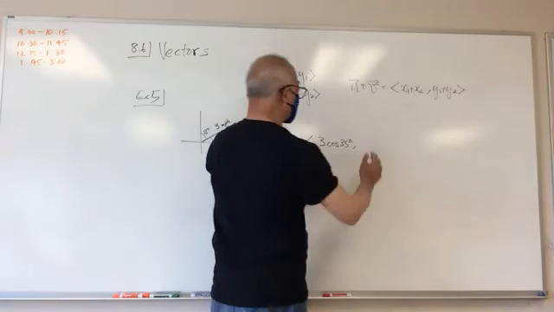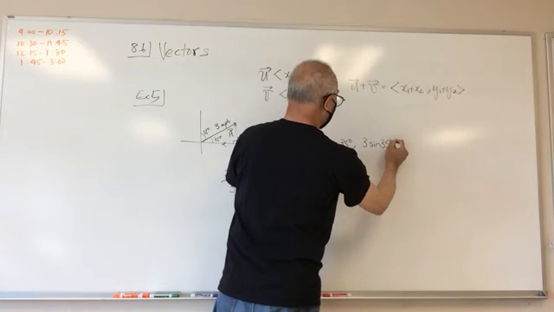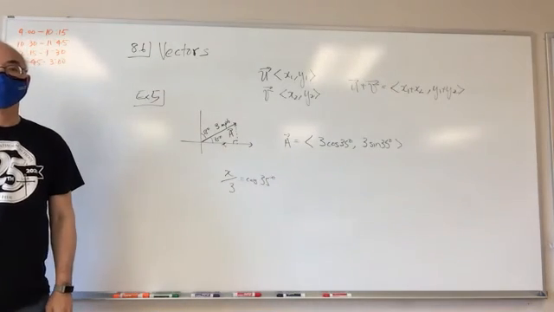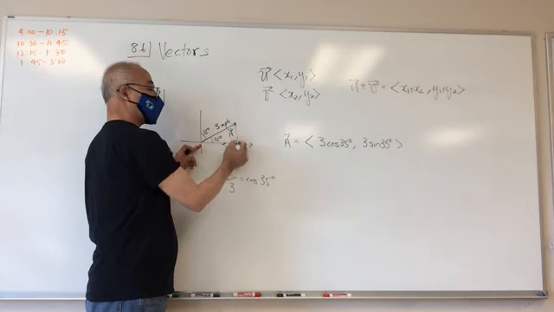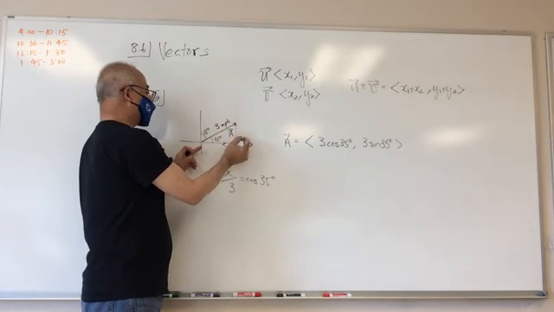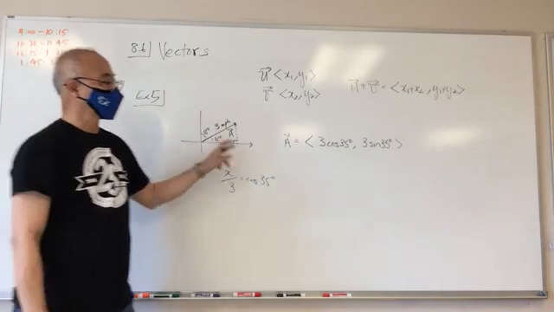By the same method, the y direction is going to be this, because the sine gives the y. Sine is the opposite over the hypotenuse. That's how that works.